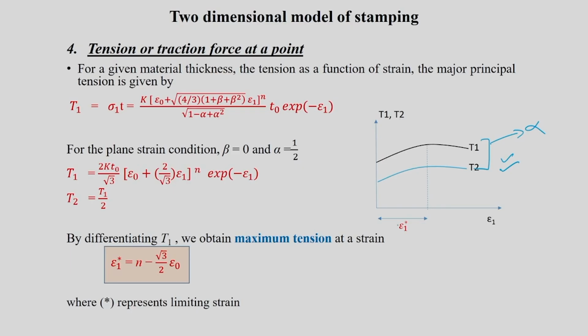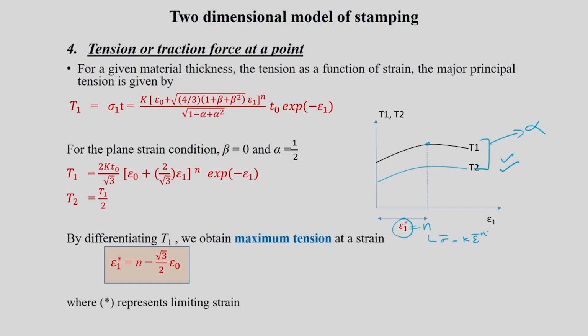We said in the previous class that whenever maximum tension T1 happens, it can be defined by epsilon 1 star. Whenever epsilon 1 becomes epsilon 1 star, we say maximum tension is going to happen. In the previous section we derived epsilon 1 star, I think equal to n, by assuming sigma bar is equal to K epsilon bar power n.